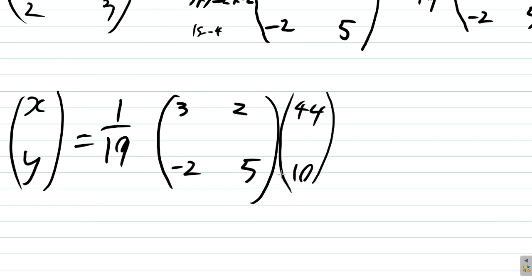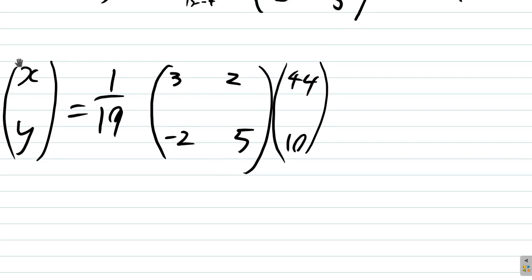Let us multiply these two matrices first and then multiply by 1 over 19, instead of multiplying by 1 over 19 first and getting mixed up with all the fractions. So it's 3 by 44 plus 2 by 10.